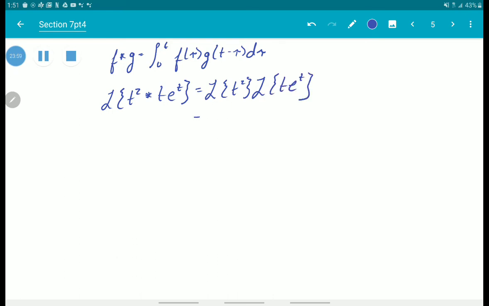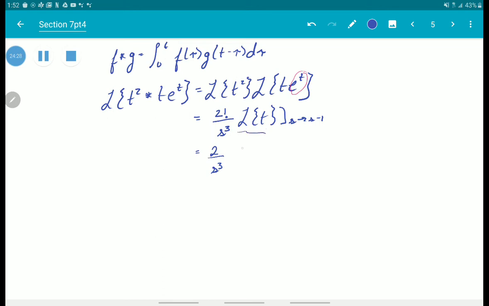So this guy, t squared, if we were to take the Laplace, is 2 factorial over s cubed. This guy, remember, is an s translation. And we know that because of this e to the at there. So we could rewrite that as the Laplace of t, recognizing that s is going to go to s minus 1. So we have 2 over s cubed.